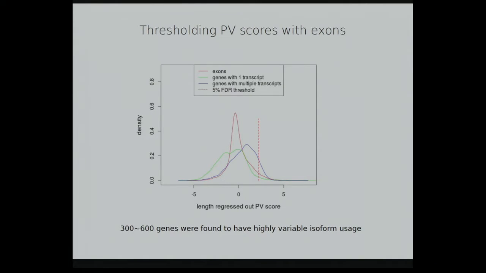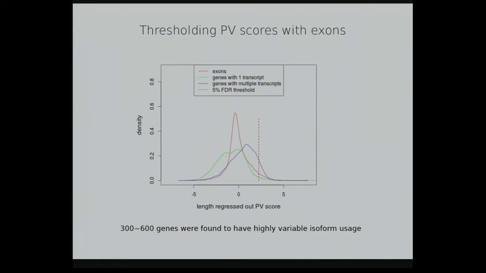From the red distribution, the PV of exons, I take the 5th percentile, which gives me a 5% false discovery rate when I say that if a gene has its PV score higher than this value, if it's to the right of this point, then its PV score is contributed by alternative splicing events.